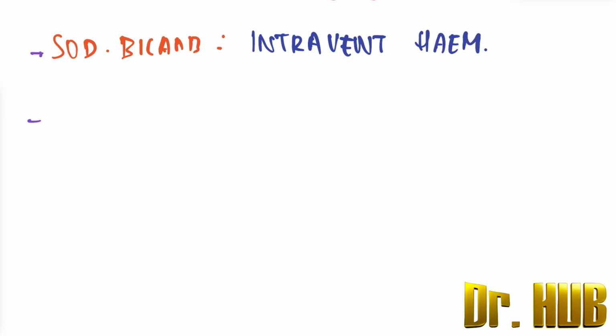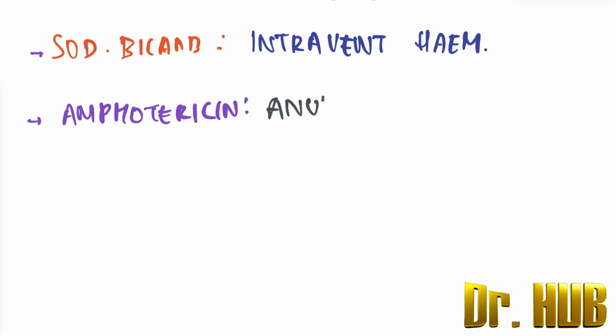Then comes amphotericin. Under amphotericin, there can be anuric renal failure, anuric RF.